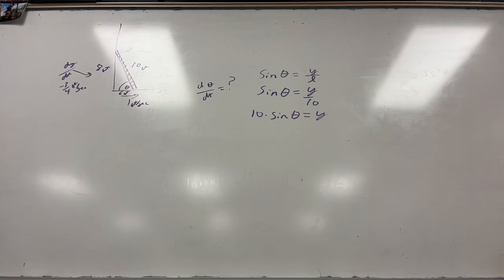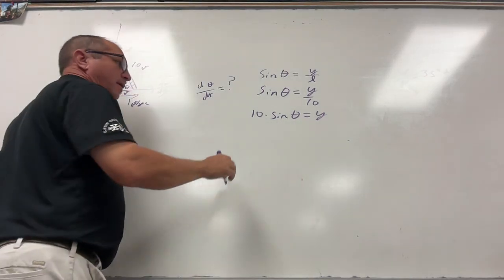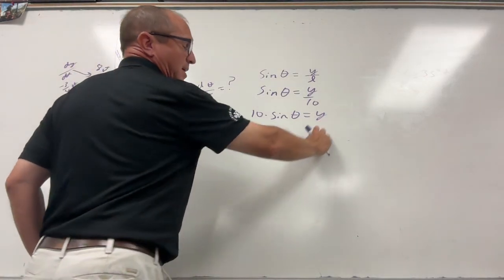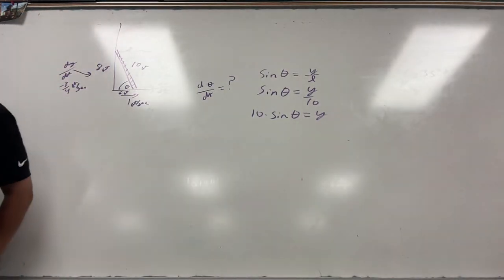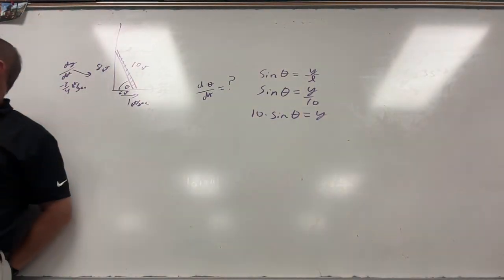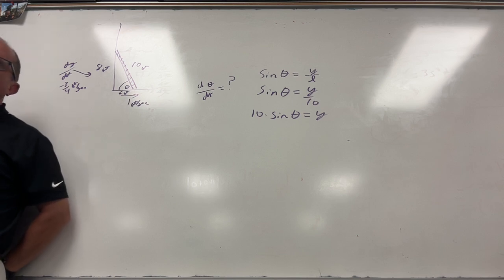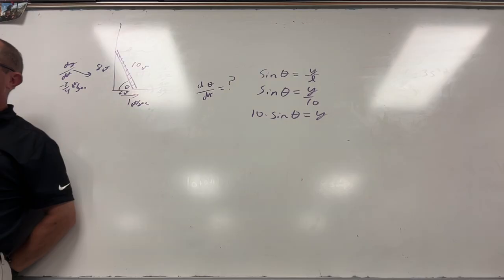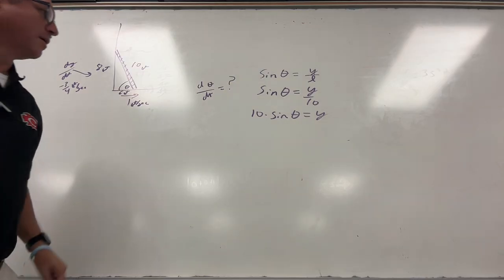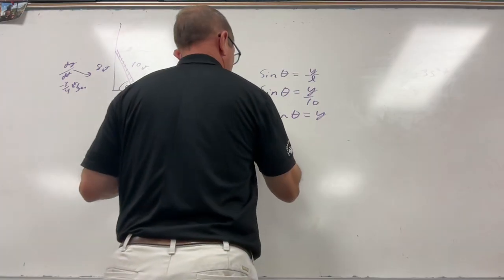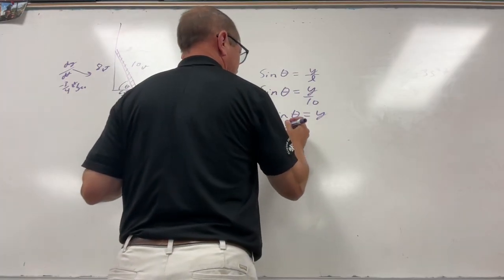Again, I've not done any calculus up to this point. This is as simplified as I'm going to be able to get it. So, let's start taking a derivative. What is the derivative of 10 times the sine of theta? 10 times the cosine of theta.